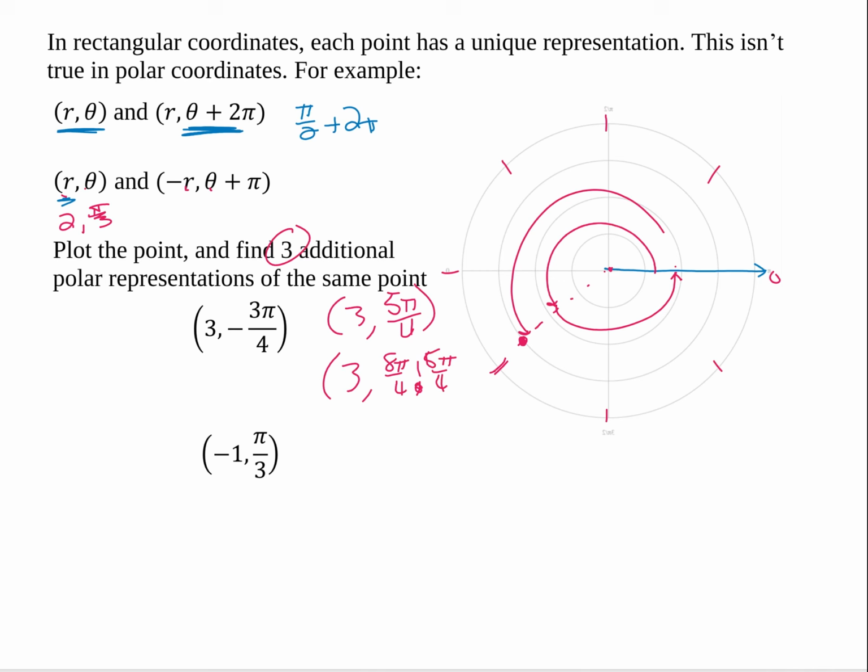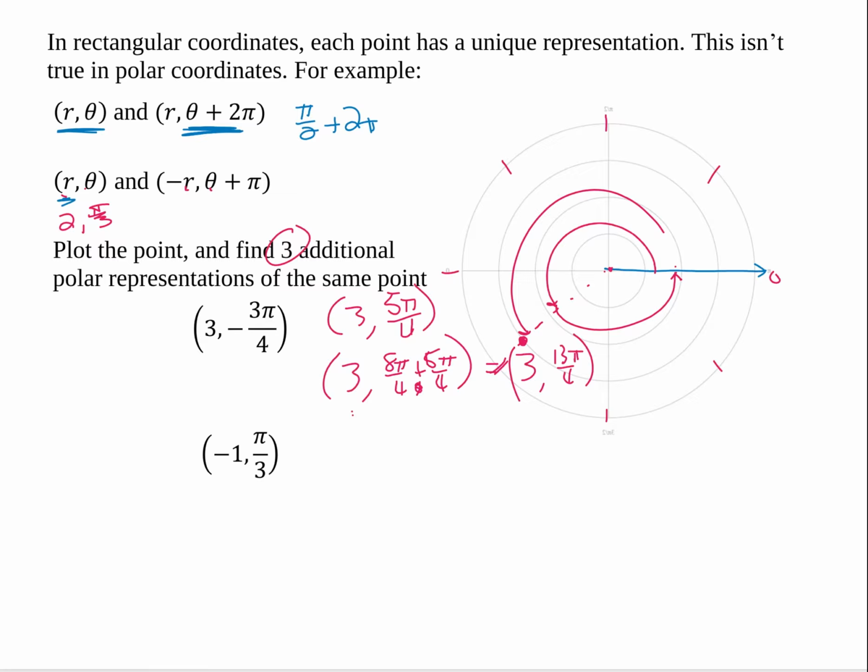And then my answer would be 3 comma 5 plus 8 is 13 pi over 4. Okay, so my radius is the same. I have a new angle. I went around the circle 1 full time before I went the 5 pi over 4. And now I need one more.